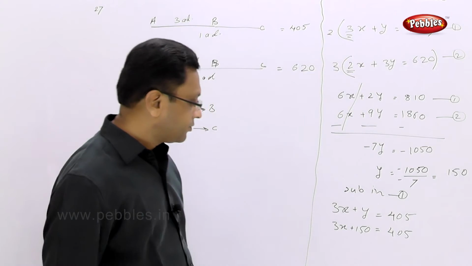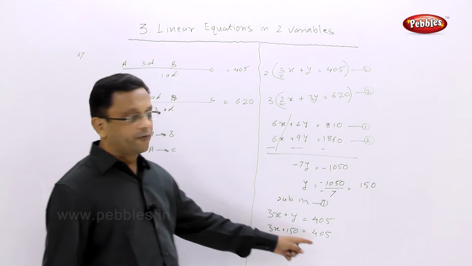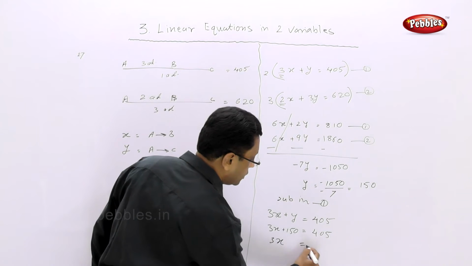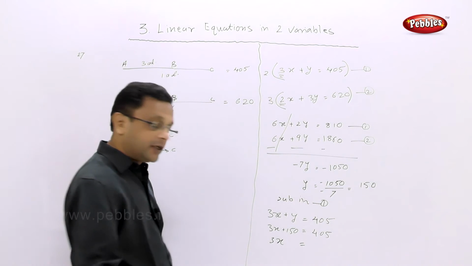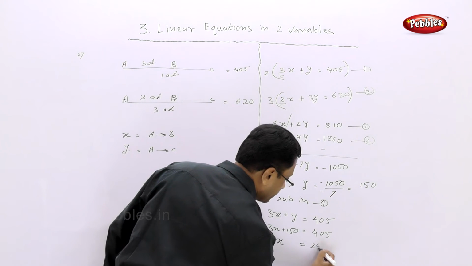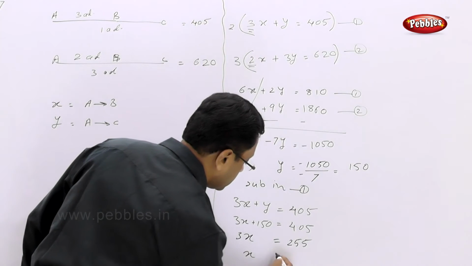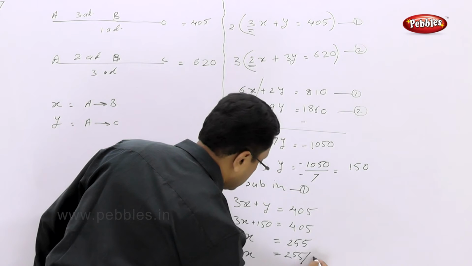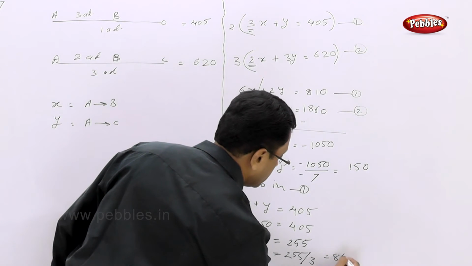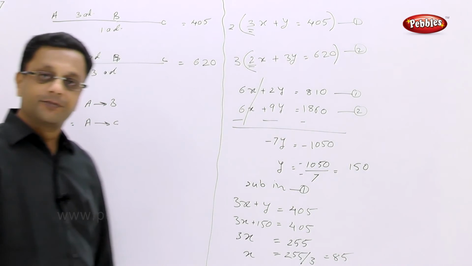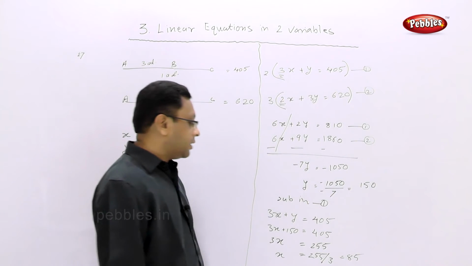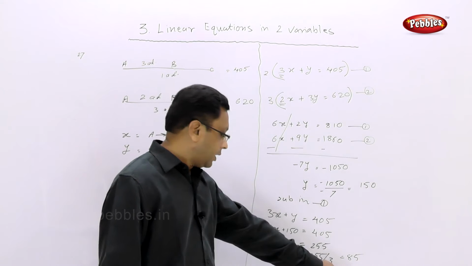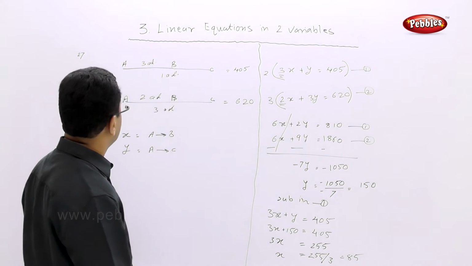Have you got the answer? 3x plus 150 equal to 405. So 3x equal to 405 minus 150, that is 255. So x is equal to 255 divided by 3, that is equal to 85. So the answer is y is equal to 150 and x is equal to 85.